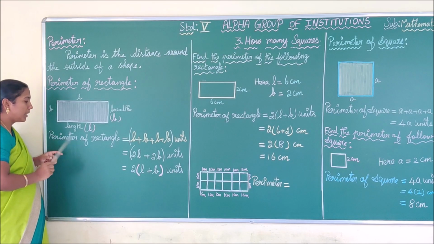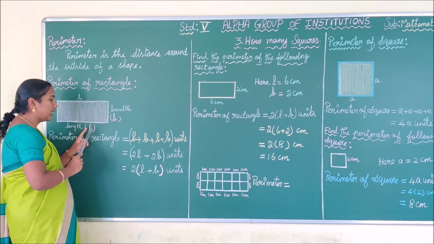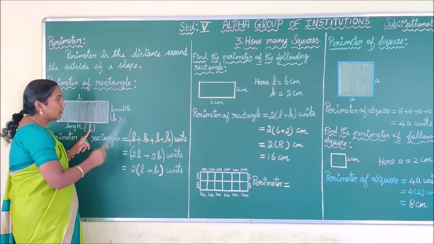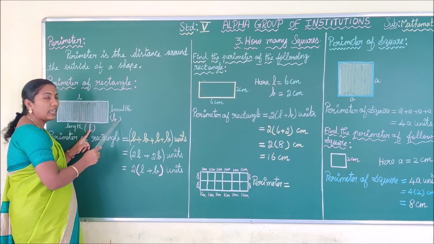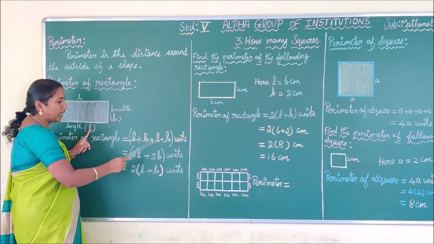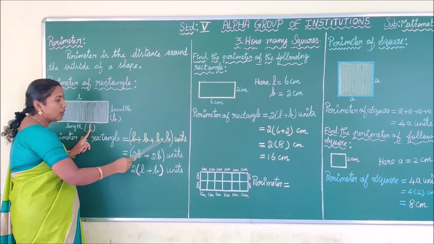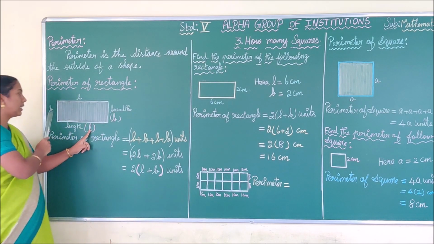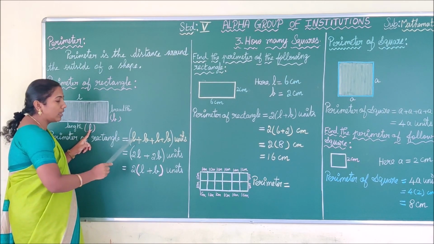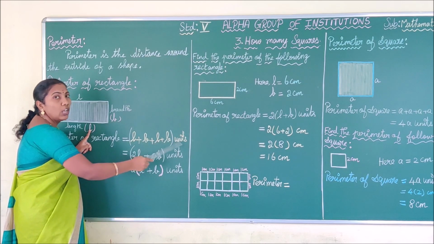See here, perimeter of rectangle equal to, what is the length of the first side? L. So here we write L plus, what is the length of another side? B. So you have to write plus B plus, what is the length of this side? L. So L plus, what is the length of this side? B. Thus we can find the perimeter of rectangle by length plus breadth plus length plus breadth units.